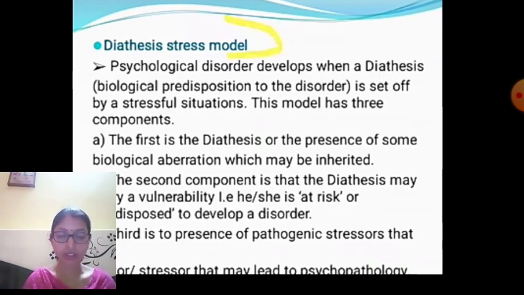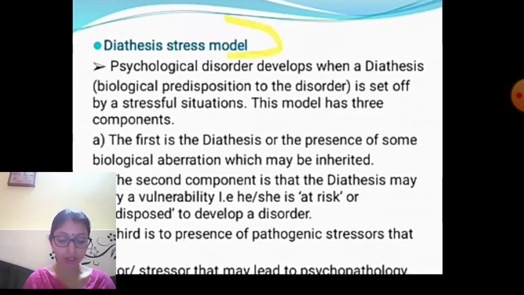The first is the diathesis, or the presence of some biological aberrations which may be inherited, and the second component is that the diathesis may carry a vulnerability to develop a psychological disorder, and this means that the person is at risk or predisposed to develop the disorder.